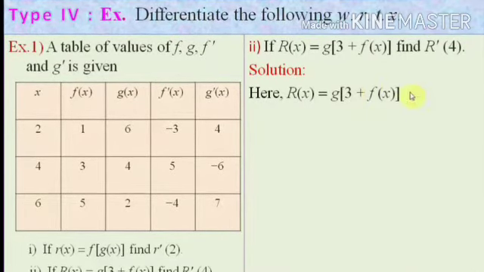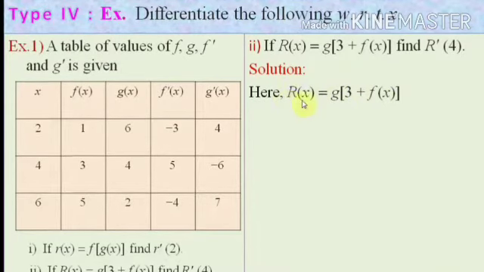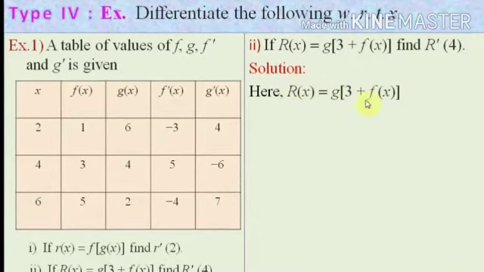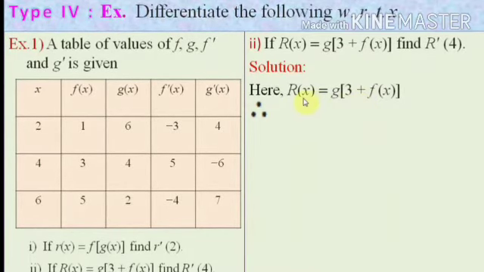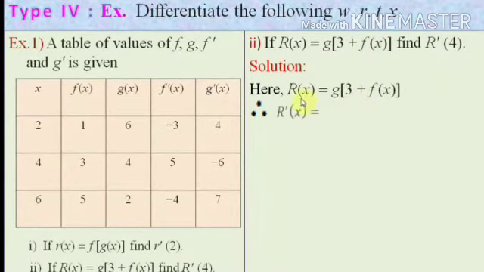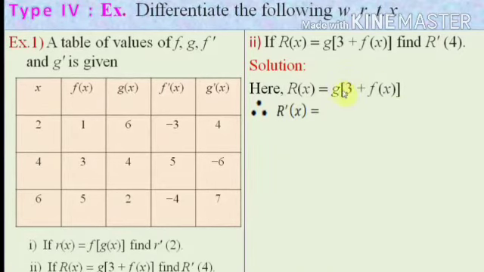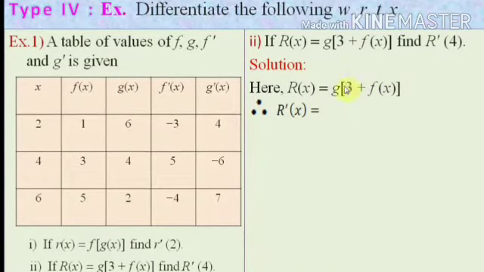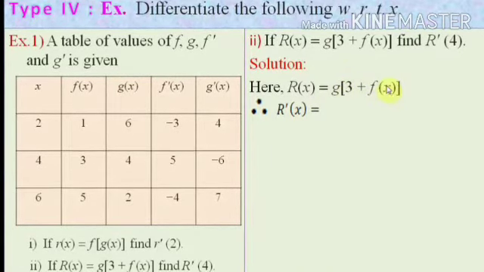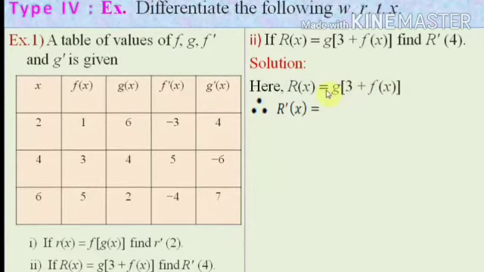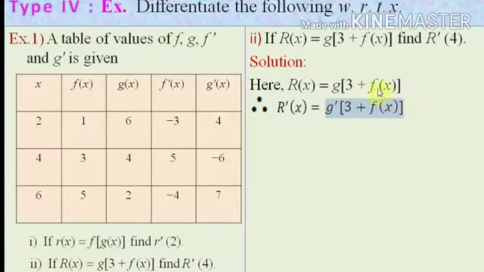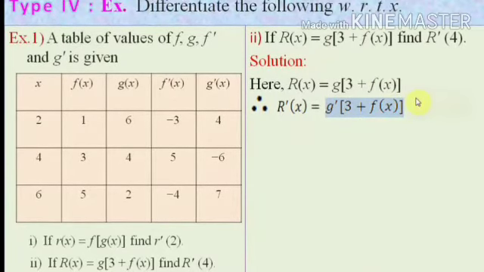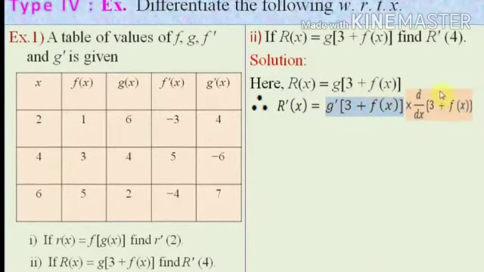Now taking first the derivative on both sides of the given function, that is derivative of r of x, r dash of x equals the derivative of g of the composite function, therefore g dash of 3 plus f of x into the derivative of the inner function, that is 3 plus f of x.